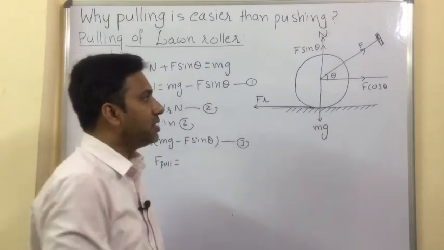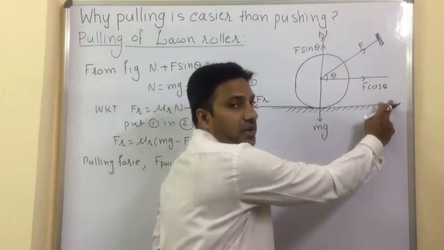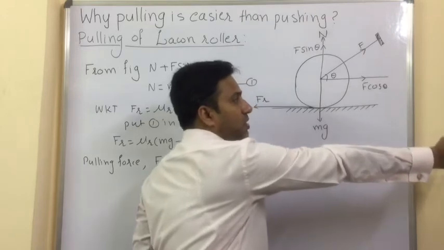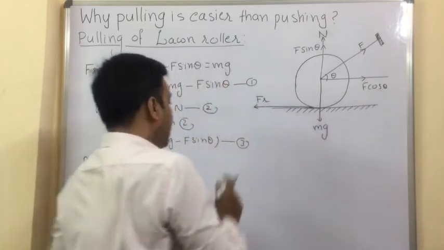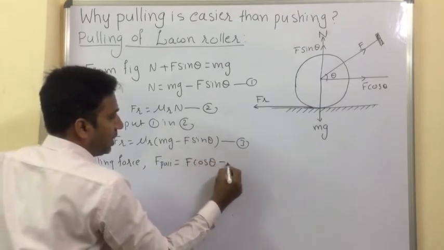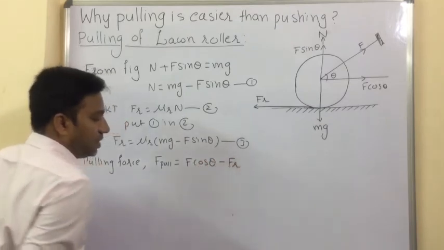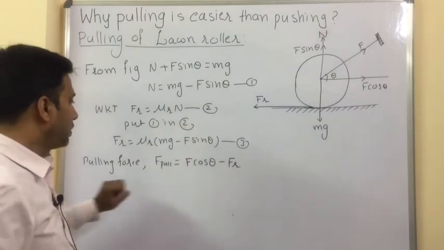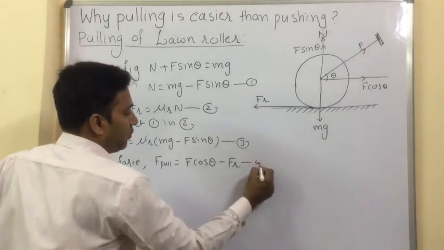So which one is bigger? Obviously F cos theta is bigger because the object is moving towards right. So F cos theta minus Fr will be the resultant pulling force. Make this equation number 4.